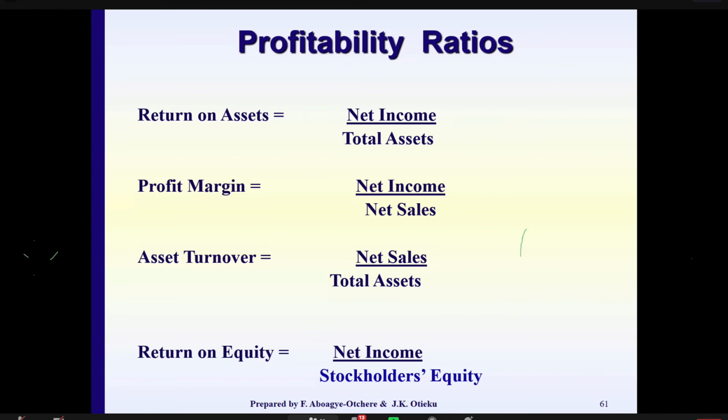Now it's left for us to define the variables. We have net income and we have total assets. What is our definition of net income or net profit in this context? What do you think is the definition? What should we say is net income or net profit? And what do we say is total assets?